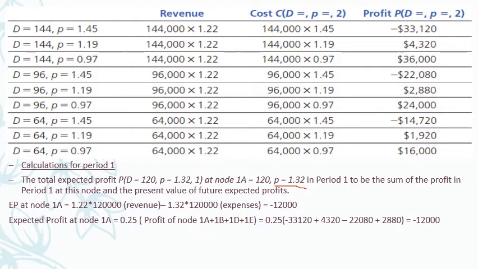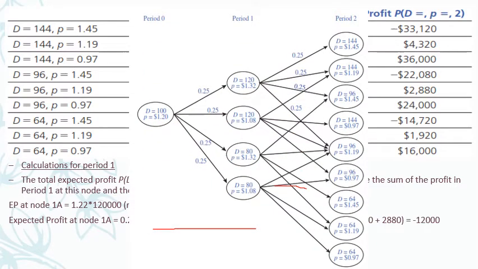Expected profit at node A is equal to 25% of all these 4 nodes. Which are those 4 nodes? See here, this is node 1A. To which nodes is it connected? It is connected to 1, 2, 3, and where is the 4th connection?